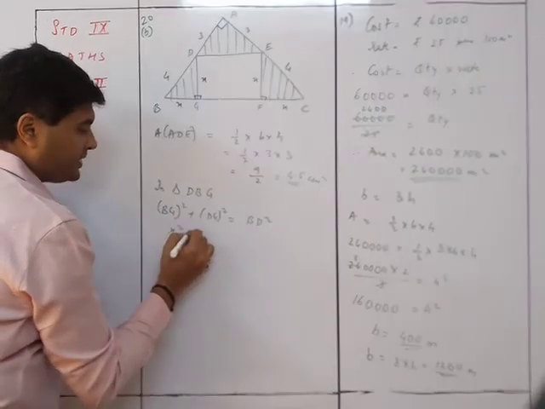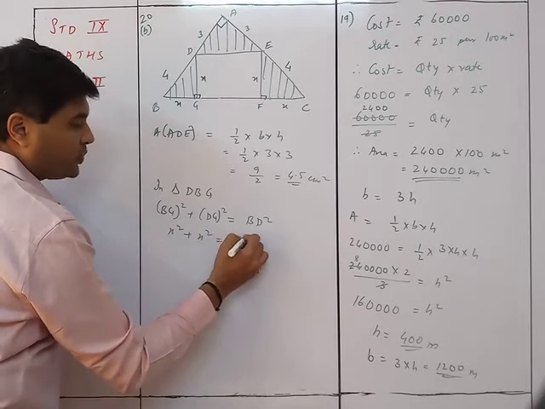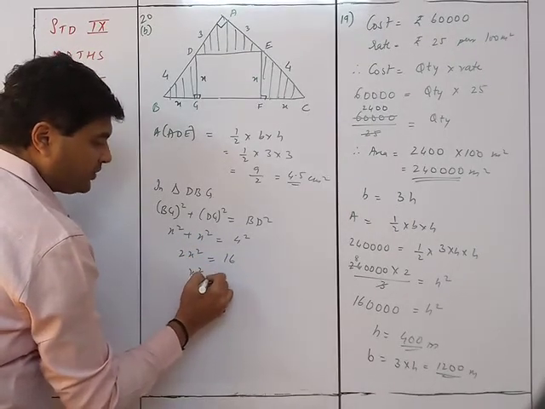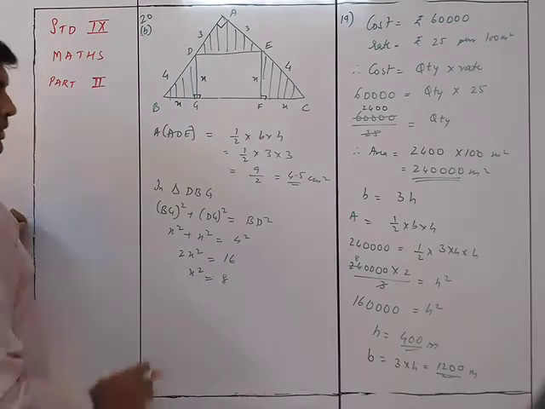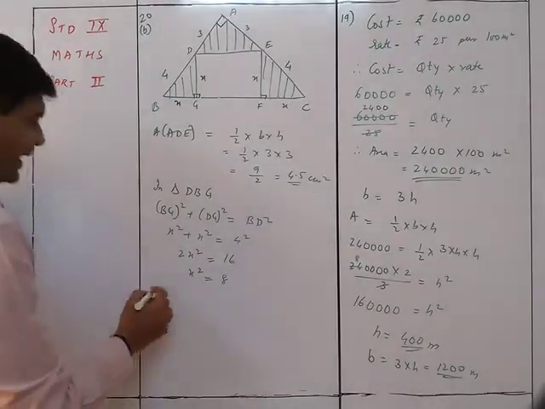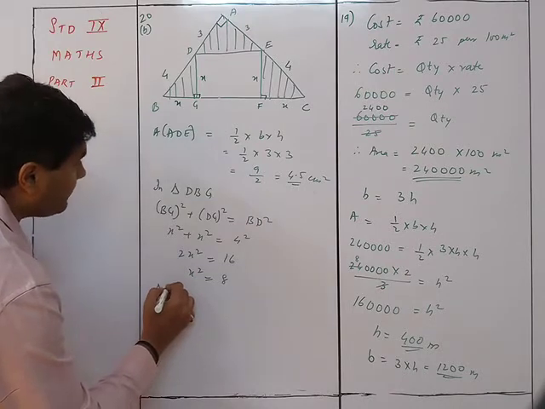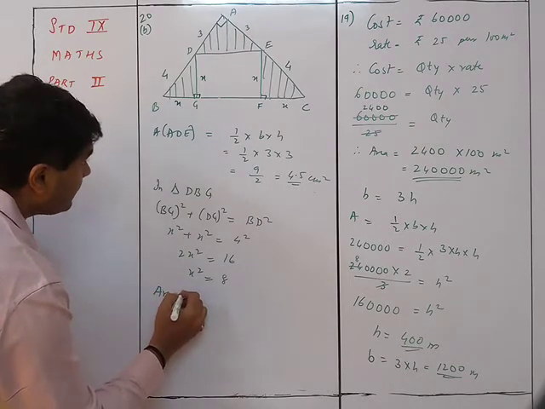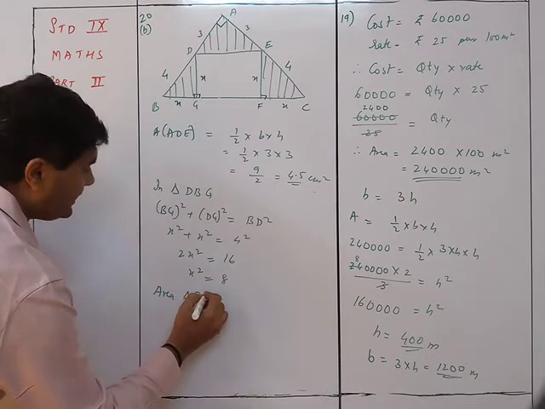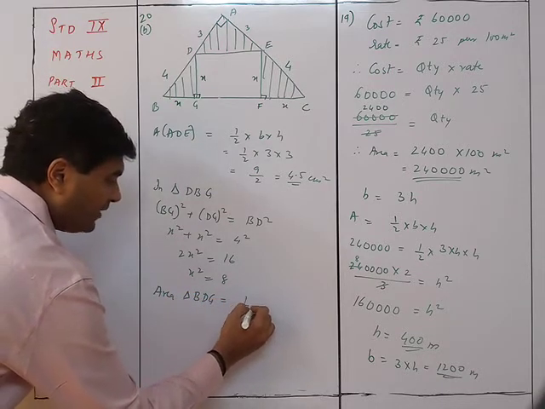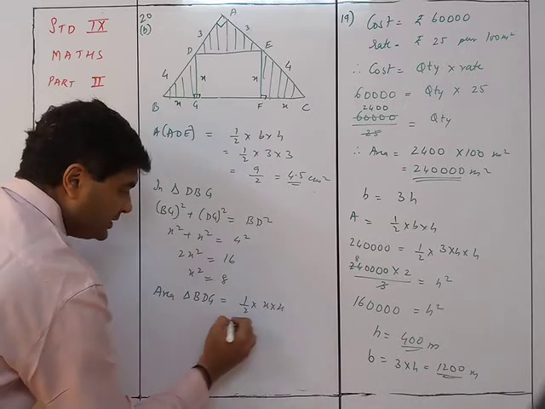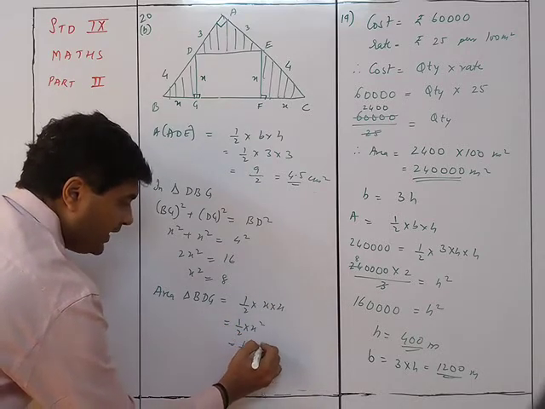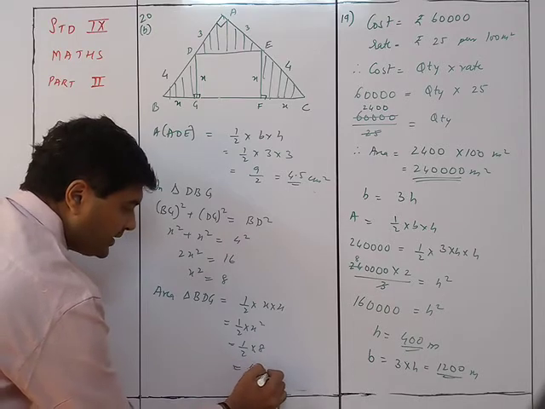So x square plus x square is equal to 4 square. So 2x square is equal to 16. X square is equal to 8. We'll keep it as it is because I know that the area of triangle BDG is half into x into x, which is half into x square, half into 8, equal to 4 centimeter square.